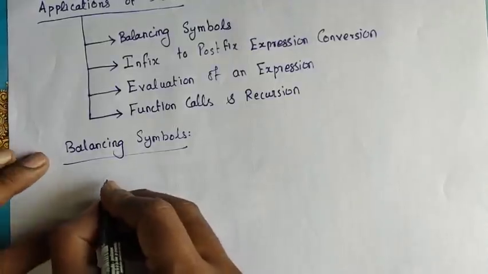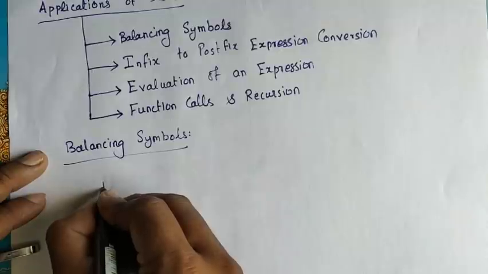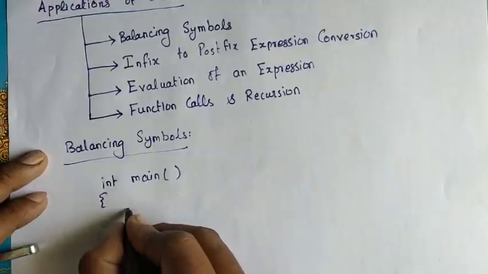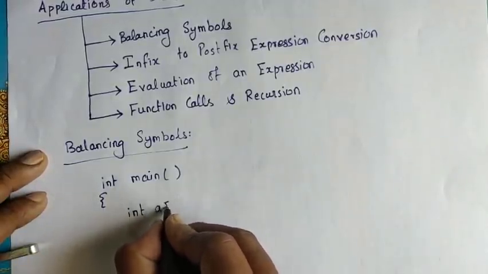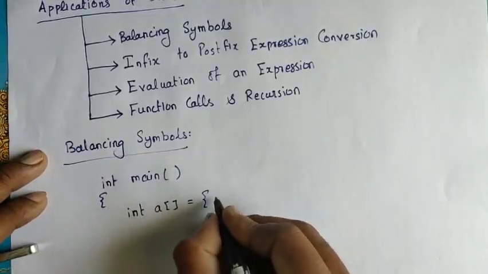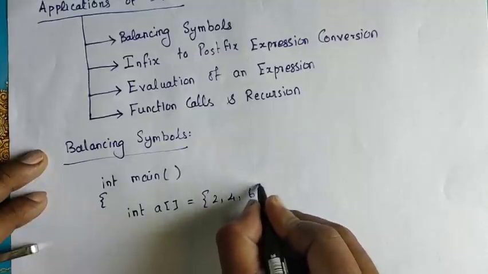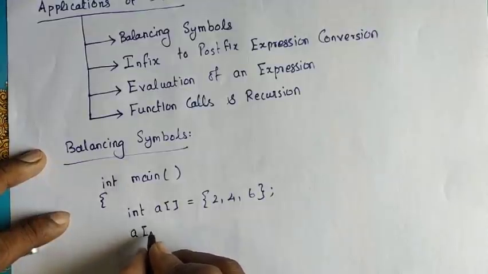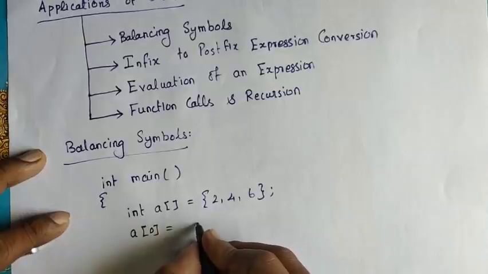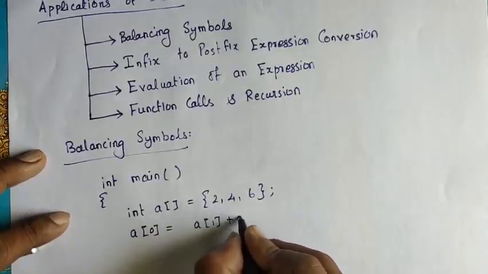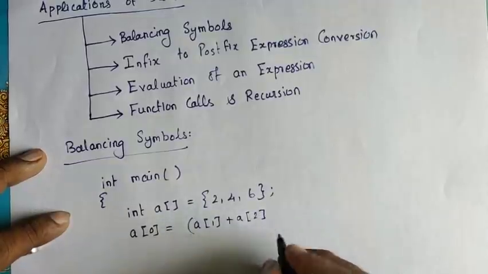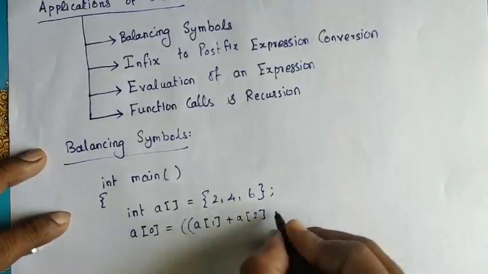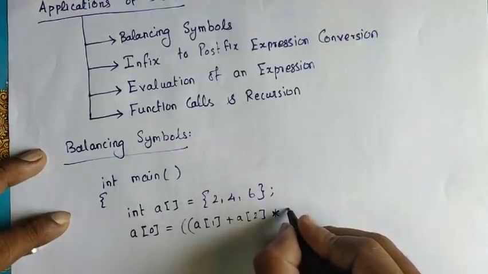For example, consider a C or C++ program: int main, and then here you have used one array, int a of equal to 2, 4, 6, and then I am going to do some calculations: a of 0 equal to a of 1 plus a of 2, and then star, some 5.